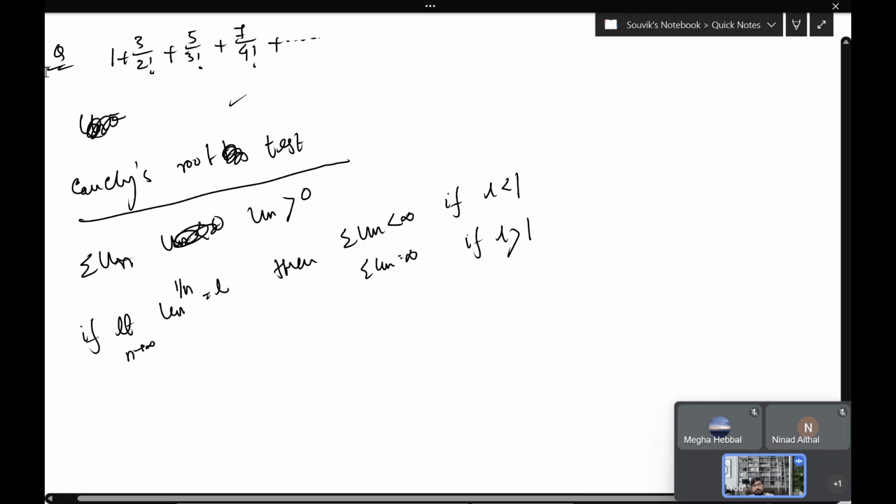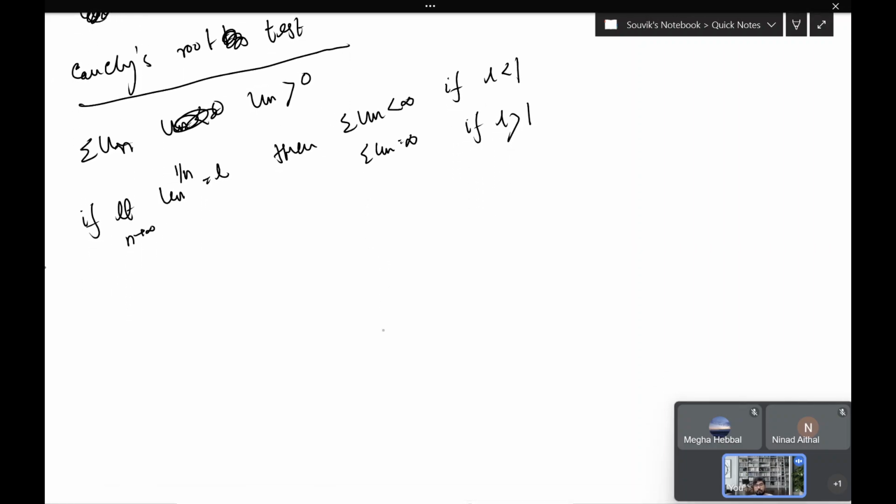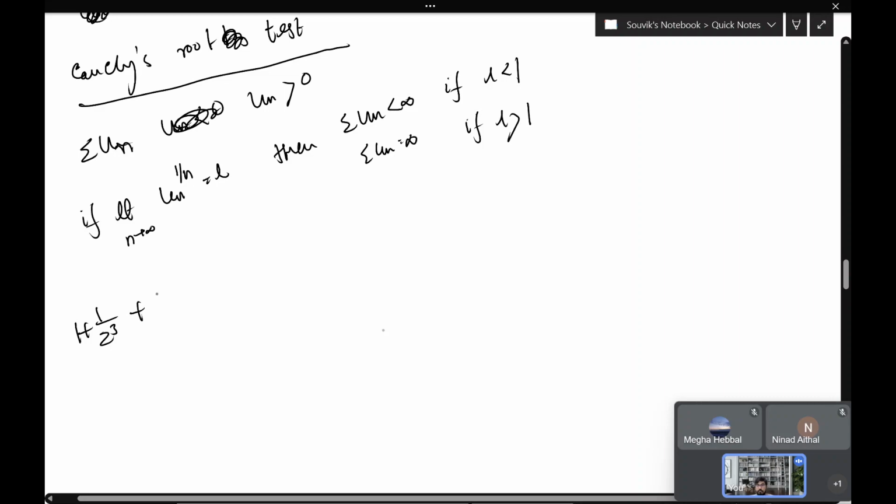So using this, comment on the convergence of the following series: 1 plus 1 by 2 cube plus 1 by 2 square plus 1 by 2 5 plus 1 by 2 to the 4 plus dot dot dot. So comment on the convergence.